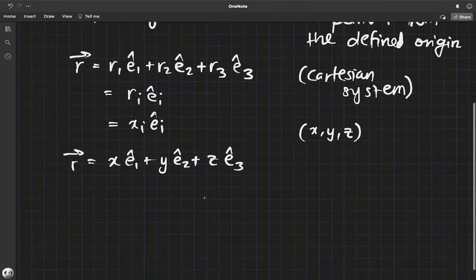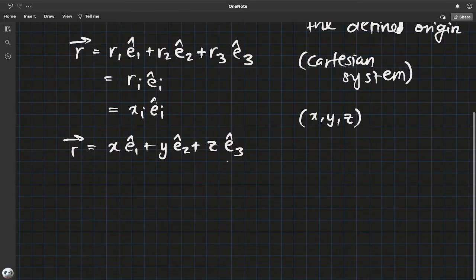And if you consider this as your vector field and graph it out, assuming this is your origin, all these position vectors are radially pointing outwards, again with varying magnitudes: as X, Y, and Z increase, so does the magnitude of these vectors.